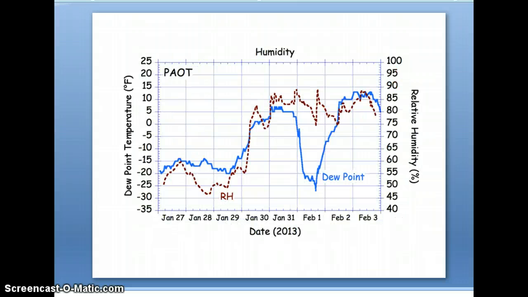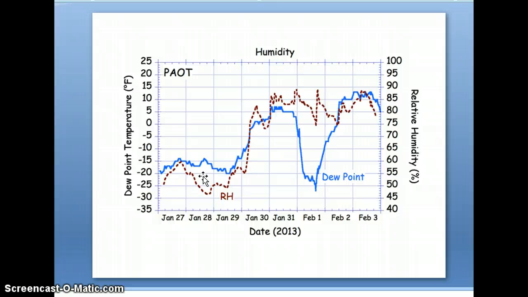This graph is of the humidity, the relative humidity, and the dew point. So this solid blue line is the dew point, and the dashed red line is the relative humidity. And this is also for the last week of January 2013. As you can see, the general shape of the graph stays true to the temperature graph.